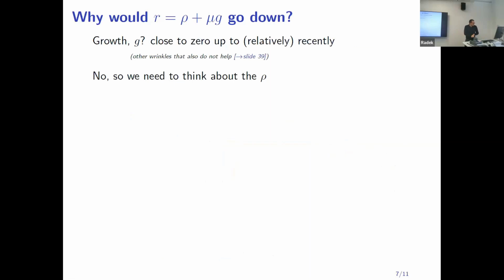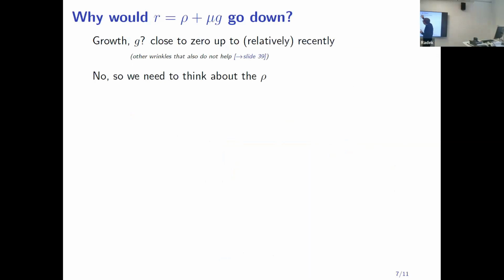So the question fundamentally is, why in the world would this R go down? Why would interest rates go down? We have this Ramsey rule that Frank Ramsey derived, and one of these things has to be changing. The most obvious thing for an economist would be to think about the growth rates of the economy changing. Maybe something has happened to growth rates that has contributed to declining rates of interest.